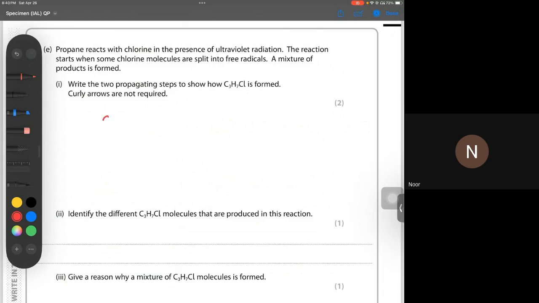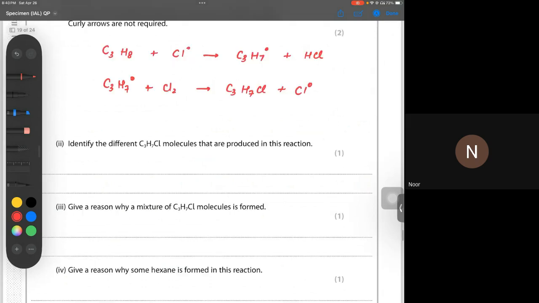So C3H8 would be reacting with the chlorine radical, forming C3H7 radical and of course HCl. Then the C3H7 radical would be reacting with the chlorine molecule, forming C3H7Cl, and again the Cl radical would be formed.